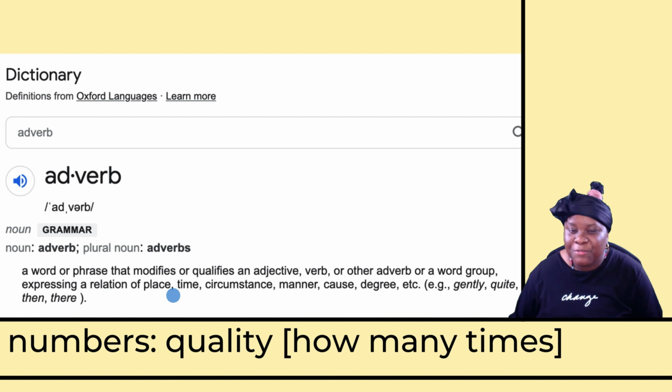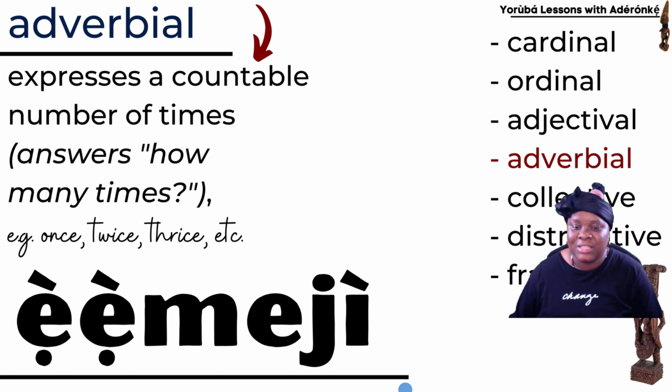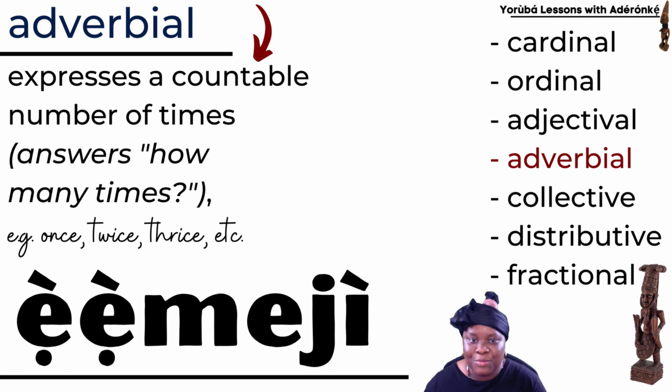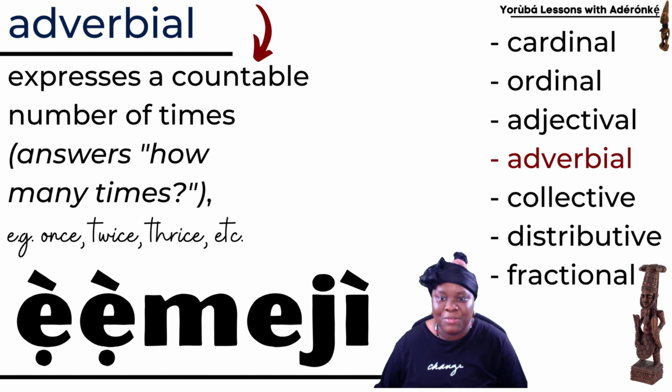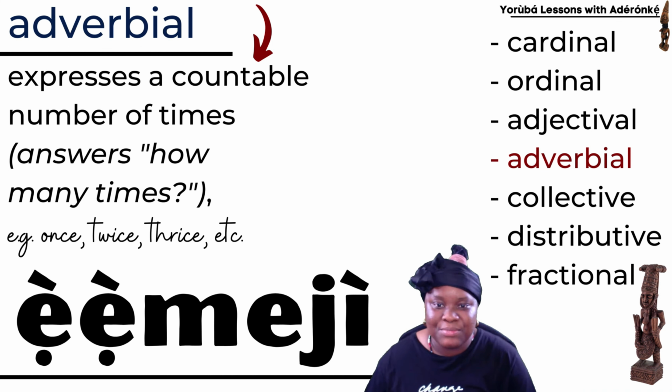Expressing the relation of place, time, circumstance, manner, cause, degree. How many times? What's the frequency? What's the quality? So that's what adverbial is. In the adverbial form, it expresses a countable number of times. How many times?